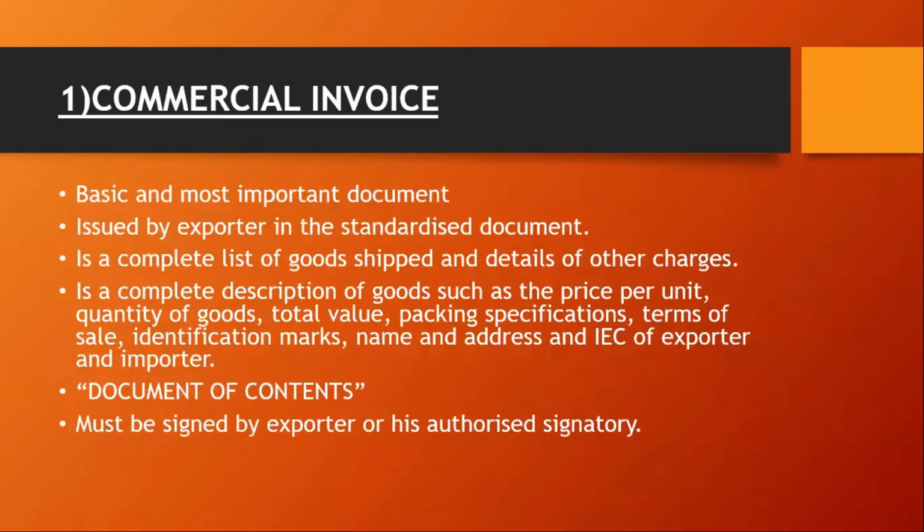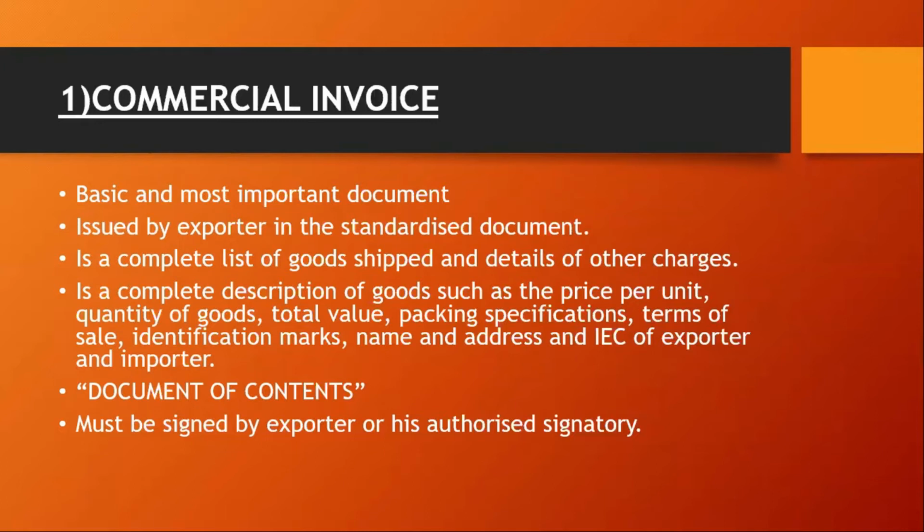The first document under the principal commercial documents is the commercial invoice. Commercial invoice is the basic and the most important document issued by the exporter in a standardized format. It provides a list of shipped goods and a detail of other charges.